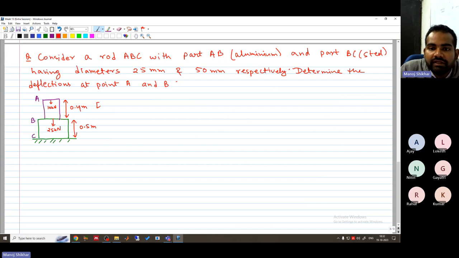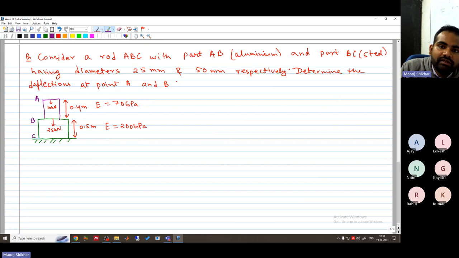Also, for the above part, they have given E equal to 70 GPa. Generally, in questions, they will give you the E of steel and E of aluminium. And for steel, it is 200 GPa. So this is the question.